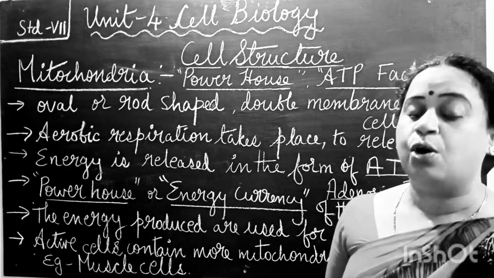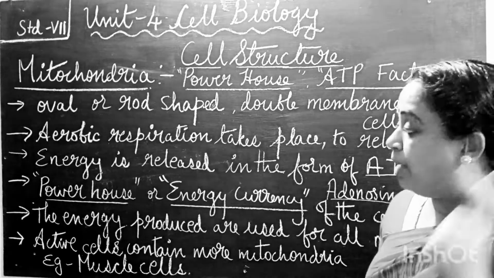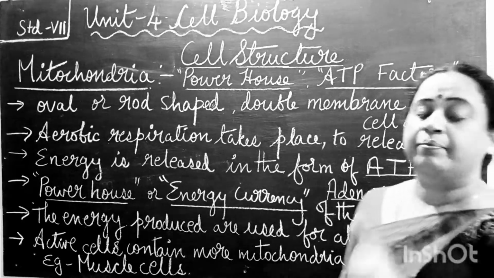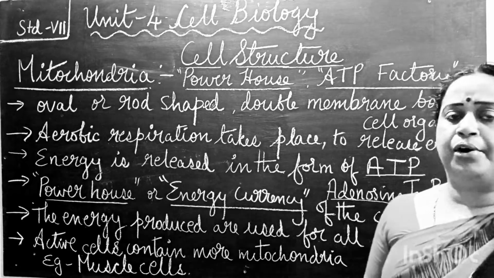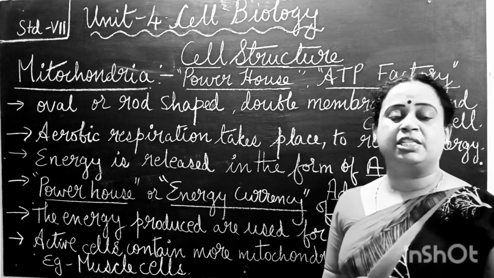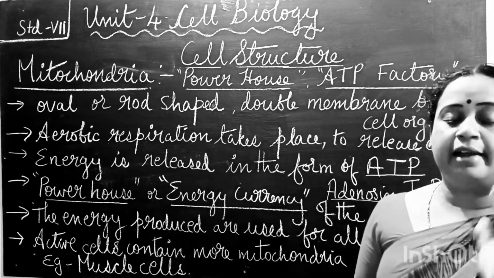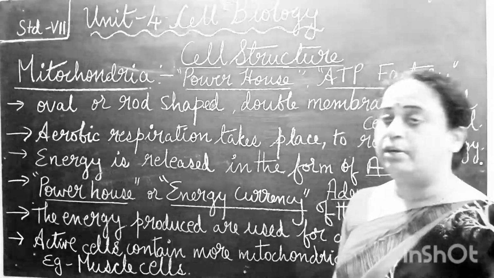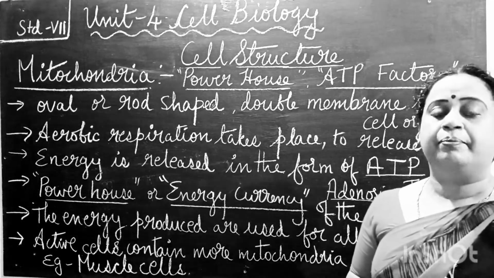And who makes all this energy inside our body? The mitochondria, the important cell organelle, the powerhouse of the cell, is responsible for producing this energy inside our cells. Now I hope you understood the function of mitochondria. Thank you.